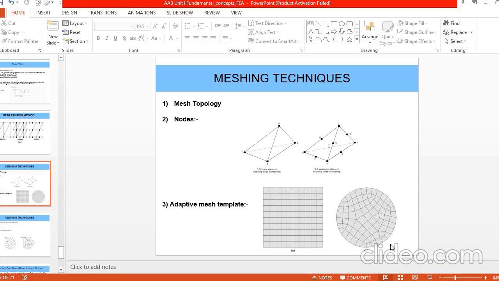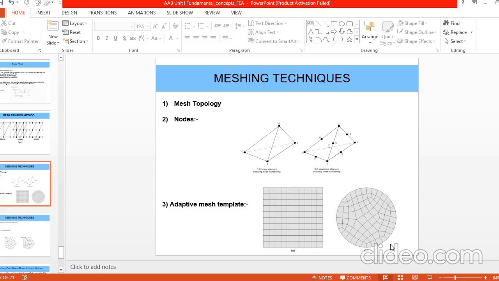Next is nodes. In this method, the node connection method is also called. Nodes are generated such that their distribution conforms to the mesh density specification. Here the extra nodes are created between two nodes.